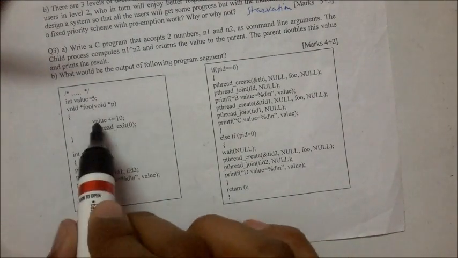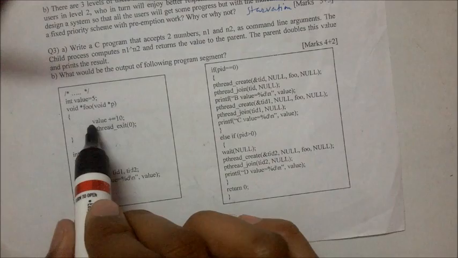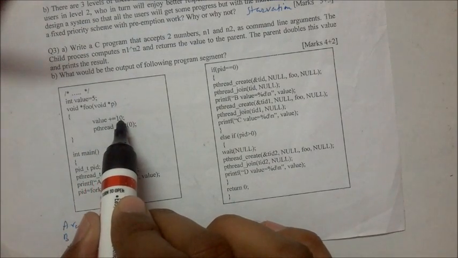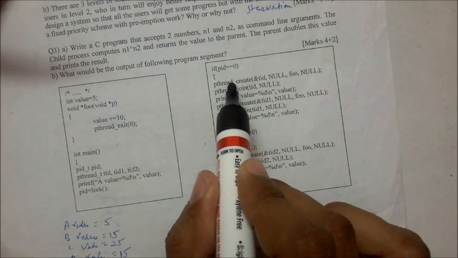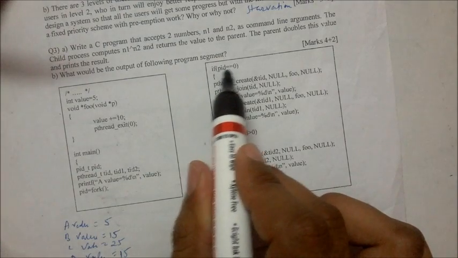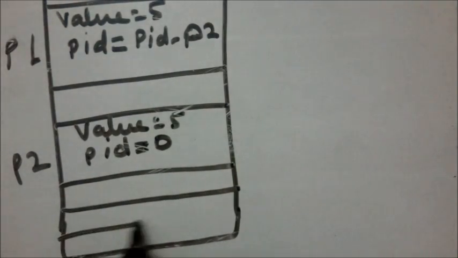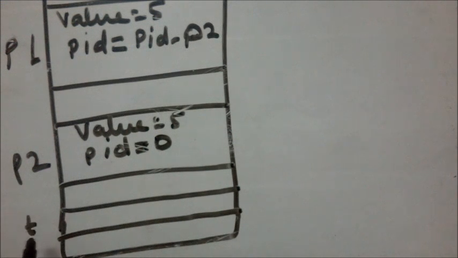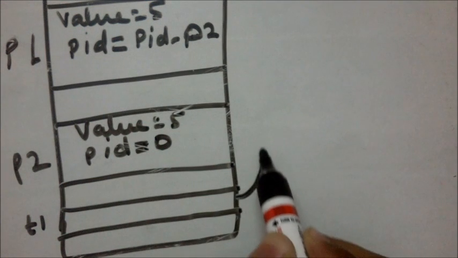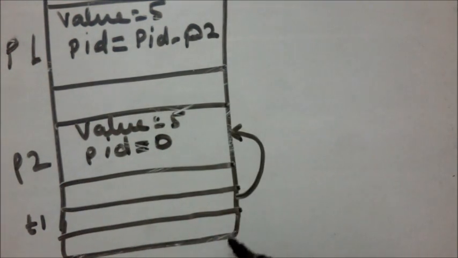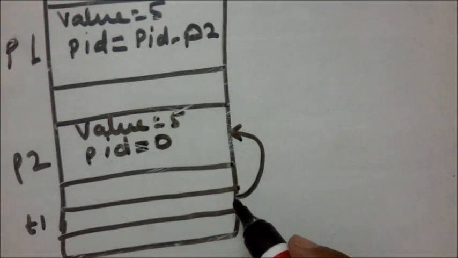So in this function foo, value is equal to value plus 10, and because this thread is a part of our child process, a thread, say T1, is created, which is accessing the variables of process P2, global variables of process P2, right?